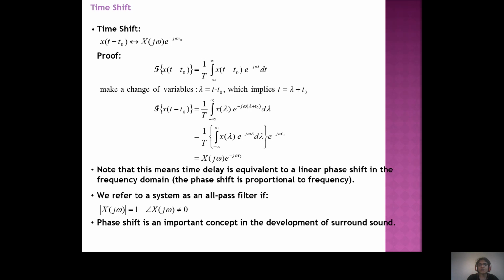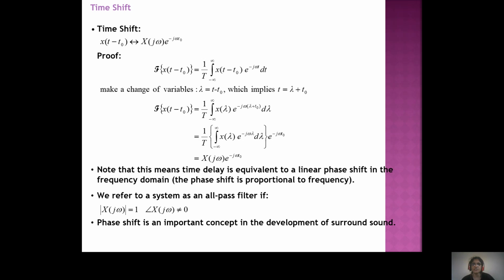As a filter, the magnitude of X(j omega) is equal to 1, and the angle of X(j omega) is not equal to 0. So phase shift is an important concept for the development of surround sound.